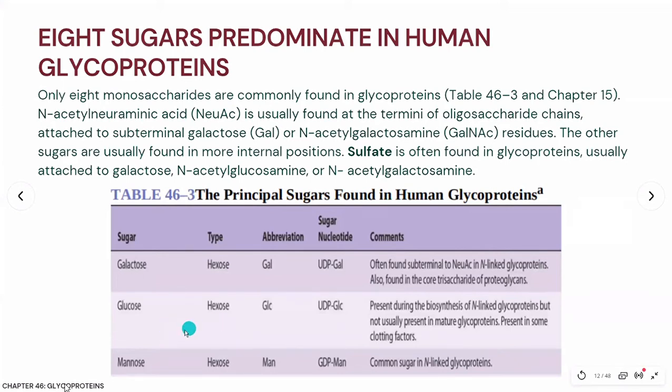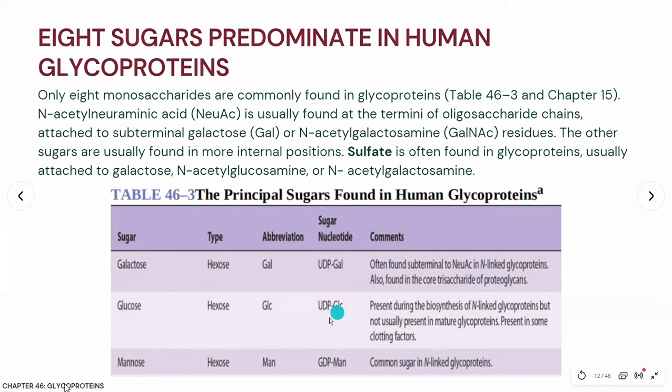Because you might be wondering, we know our blood sugar is glucose, so why do we have this galactose and this mannose? These are isomers of your glucose. We can easily transform that through isomerase. Okay. So you have glucose.